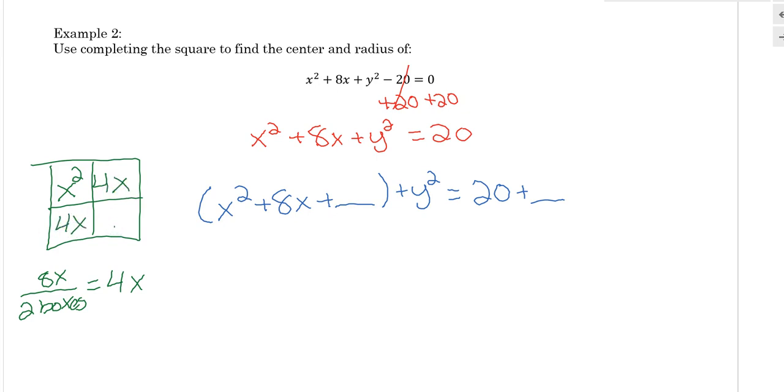I don't know what's going to go in this last one because that's what our blank is going to be. So I have to start filling in the outside. X squared is x times x. X times positive 4. X times positive 4. 4 times 4 is 16. That's what's going to go inside my missing blank.